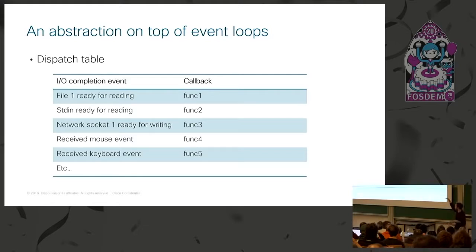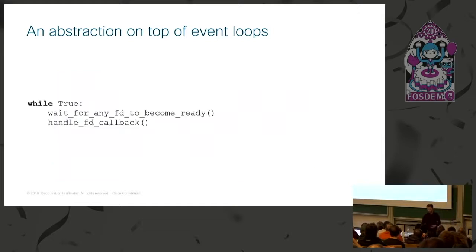Like, for instance, when a network socket becomes ready for reading or writing, when you receive mouse or keyboard events, these are events, and then you specify a callback that will execute when that event happens. And that's literally this while true. So you wait for a file descriptor to become ready. File descriptor maps to an event. And then you call the corresponding callback. And you keep doing this in a loop.